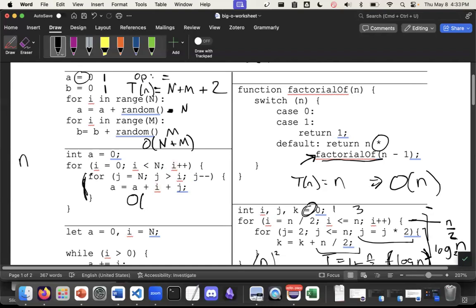So the first time we'll do this inner loop n times. And then we'll do this inner loop n minus 1 times, right? Because i moves up to 1. And then n minus 2 times. And then n minus 3 times.